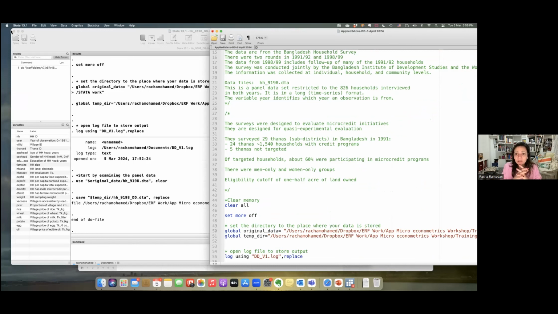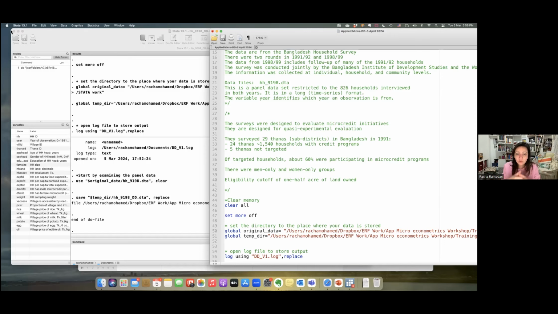It's a microcredit initiative, and here they differentiate between two types of microcredit: microcredit only for men, and microcredit only for women. We'll study both, and we will see that there is a difference.